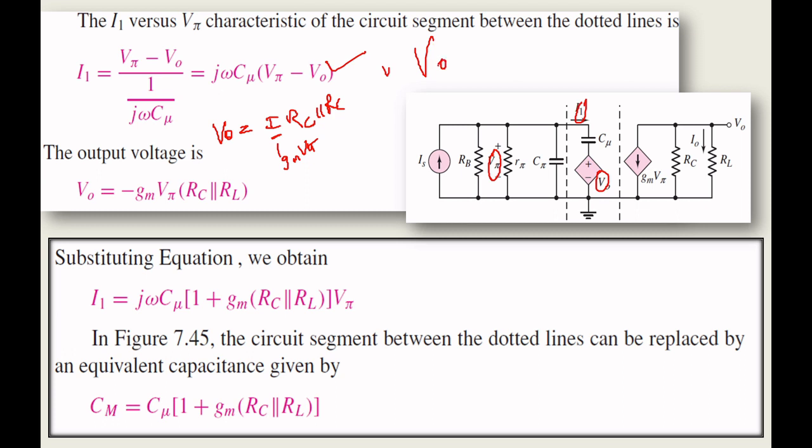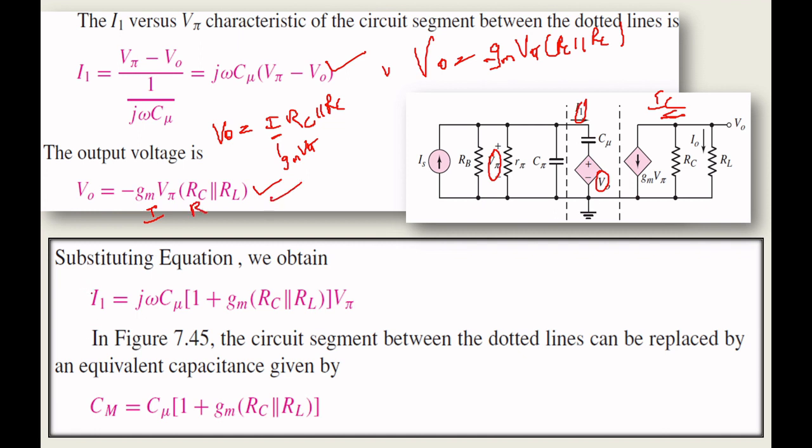So V naught equals gm V pi times the output resistance RC parallel to RL. Minus will come because your collector current and load current are opposite. By considering this direction, I am introducing minus here. I hope you are clear. So this is I and this is your R.